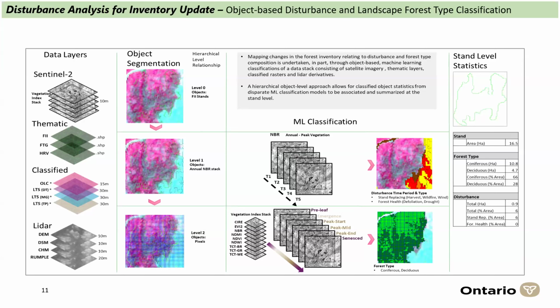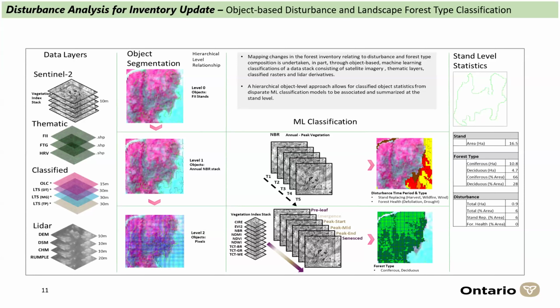Because we're carrying forward some of the attributes from T1 into T2, most notably the species composition attribute, a disturbance mapping approach for T2 has been developed, both on the elevation side and on the spectral side, to try and flag forest stands that have undergone change over that time period.